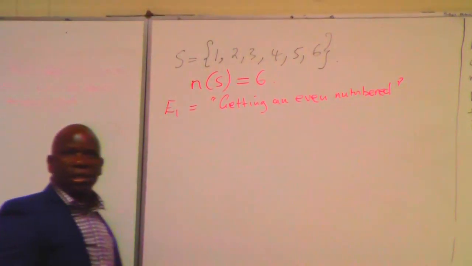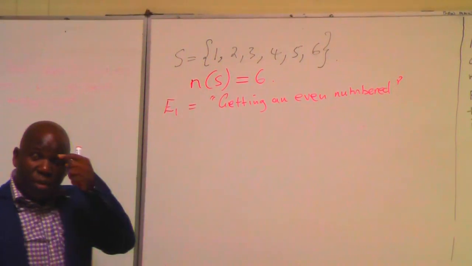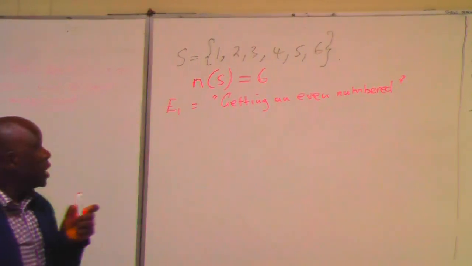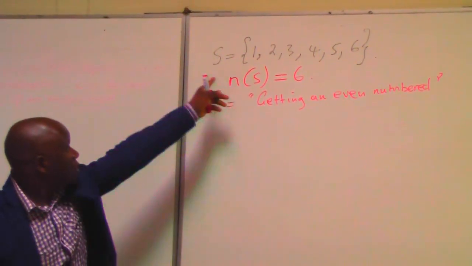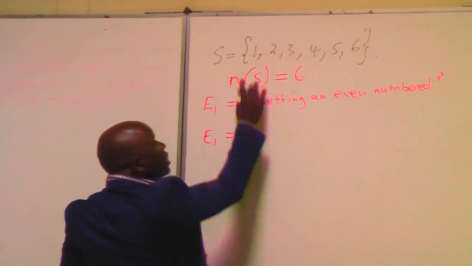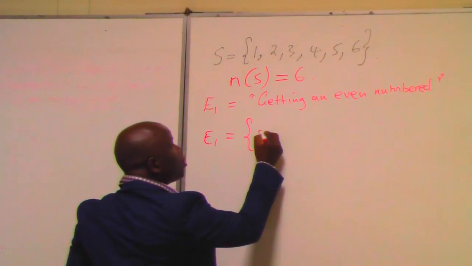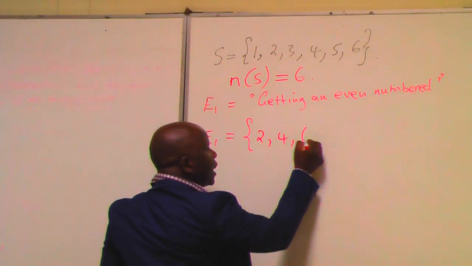That's an event. So what is the event E1 in terms of a set? Remember, it is a subset of S. In other words, we are looking at what are the even numbers in the sample space. So E1 will be 2, 4, and 6.